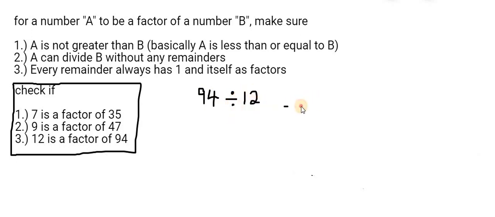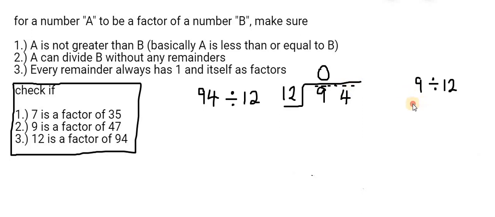So, carry out the division process. Start with 9. So 9 divided by 12. 12 is bigger than 9, so that's 0 there. So we go for 94 then, divided by 12.